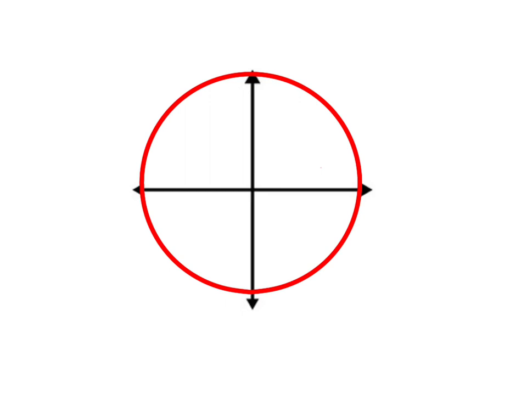Now, what we know about a circle is 360 degrees. So if we think about taking this circle and this xy axis, we've technically split the circle into 4 sections.